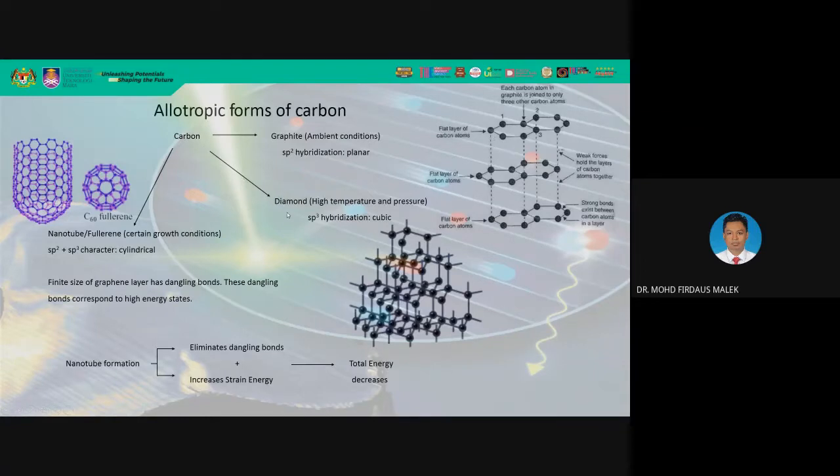And then the second one is diamond. This one is based on sp3 hybridization, also known as a cubic structure. It forms under high temperature and pressure. And this is the form of diamond.